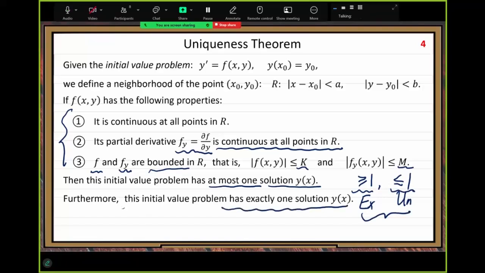So our conclusion is that this given initial value problem has exactly one solution, y of x.